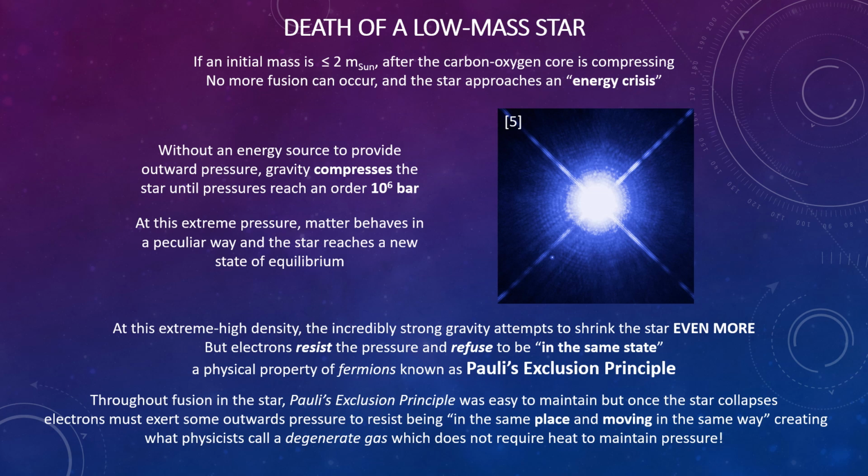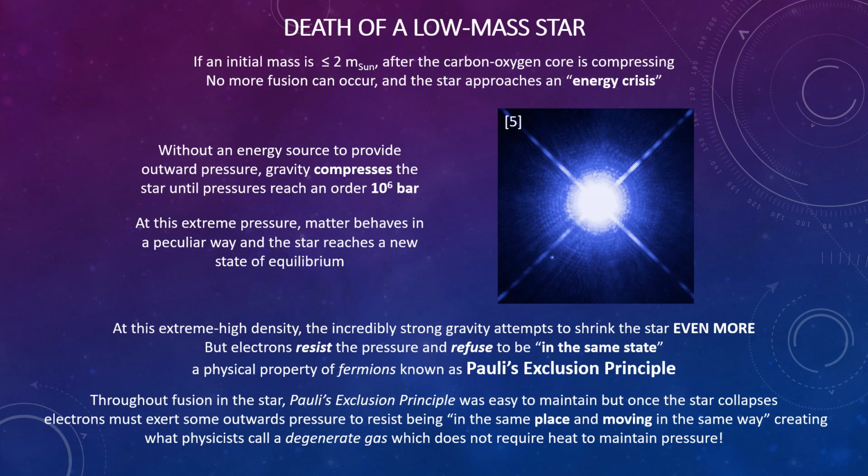And so, at this extreme pressure, matter behaves in a different way, and the star has to go to a new type of equilibrium. At this extremely high density, gravity attempts to shrink the star even more than is physically possible.